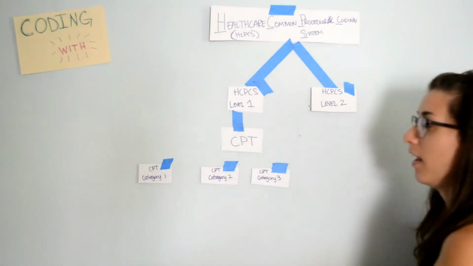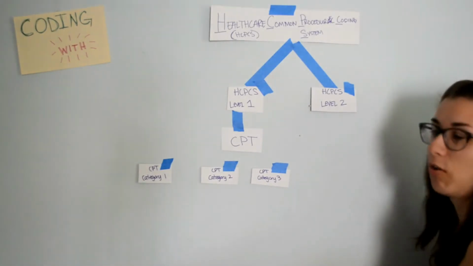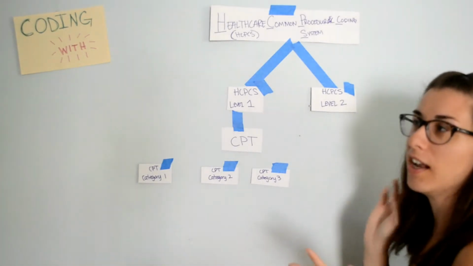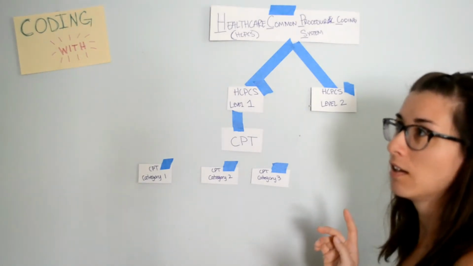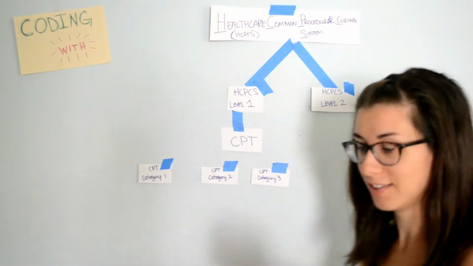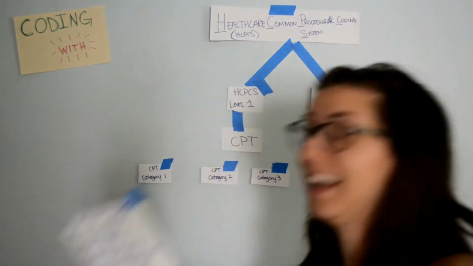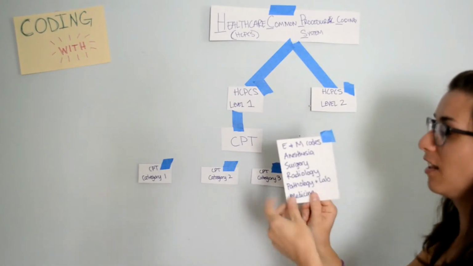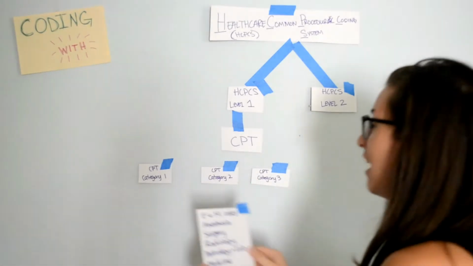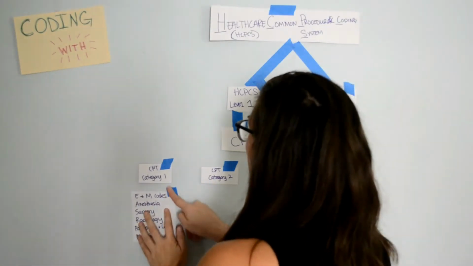Category 1, I know there's radiology in there, anesthesia, the E&M codes, but I think I have the full list. Yes! E&M codes, anesthesia, surgery, radiology, pathology and lab, and medicine. That's under the CPT-1 codes.